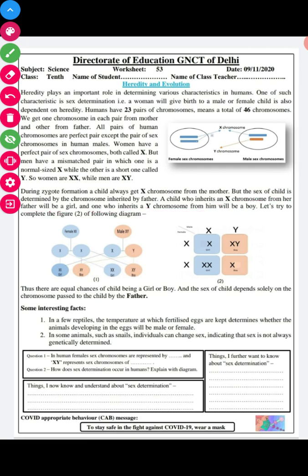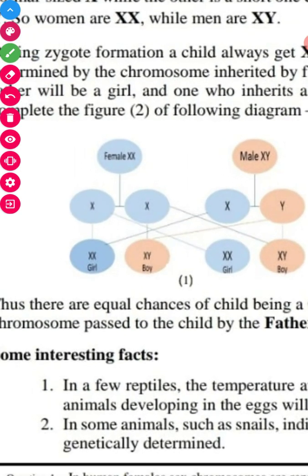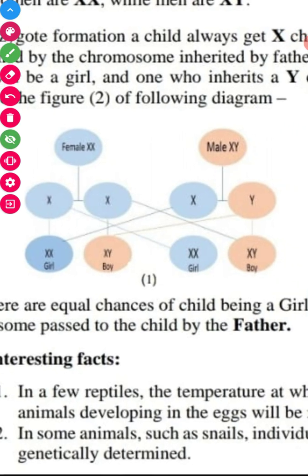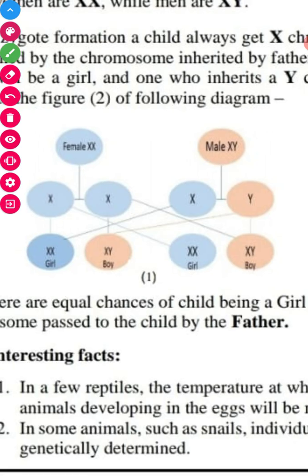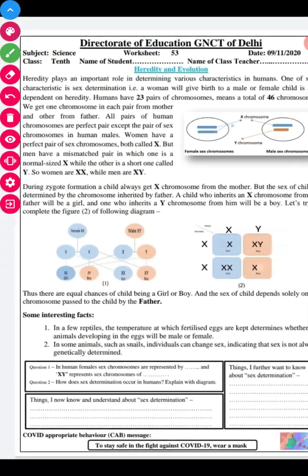I'll show you. See this, female XX, male XY. These are gametes. When this combines with this, it forms X, and when this combines with this, it forms Y, and this combined with this X, and this combined with this forms a boy. I have already discussed this.